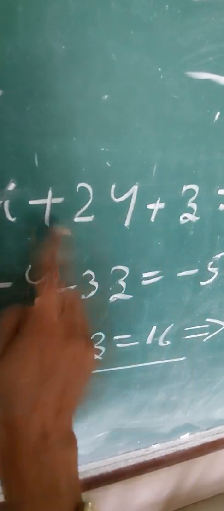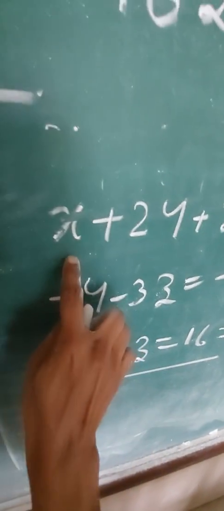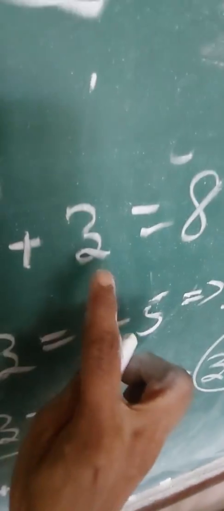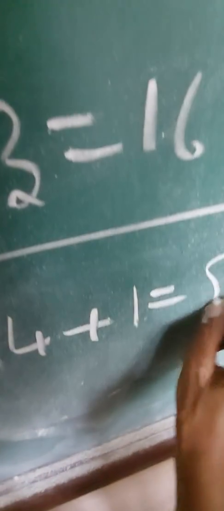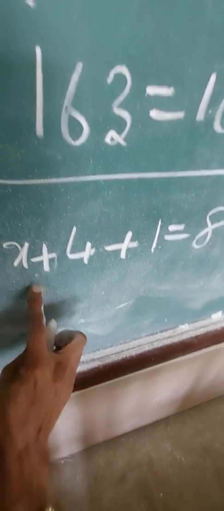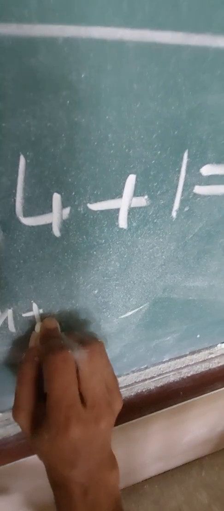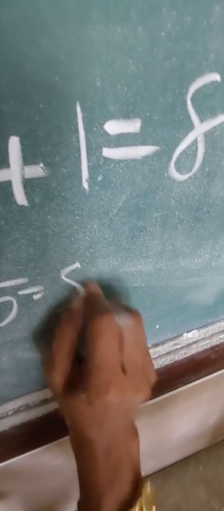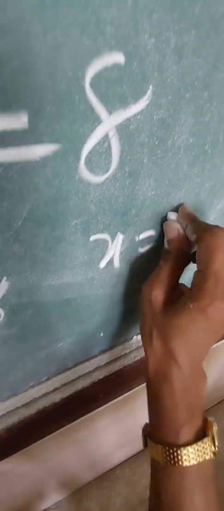Substituting in this equation, y and z: x plus 2y, 2 into 2, plus z, z equal to 1, equal to 8. We have substituted y equal to 2 and z equal to 1 in this equation. That is x plus 5 equal to 8. x equal to 3.